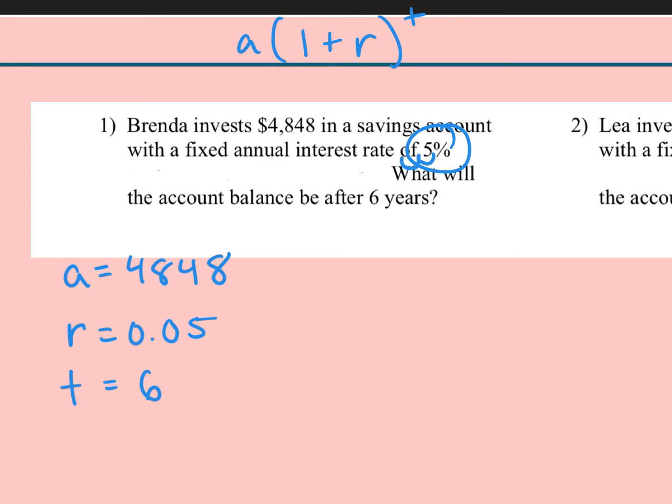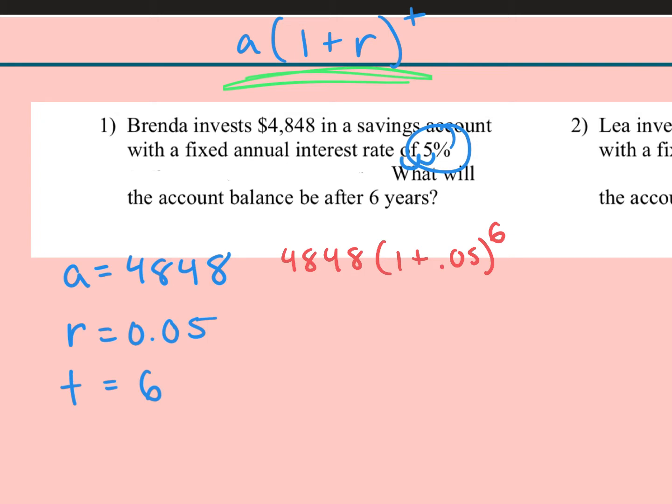So let's plug everything in. So we have 4,848 times 1 plus our rate is 0.05 to the power of 6. So we have to follow our order of operations. What am I going to do first? I have a question I'll answer after. Why do you put a 1 there? It's the formula. So the formula just has a 1.